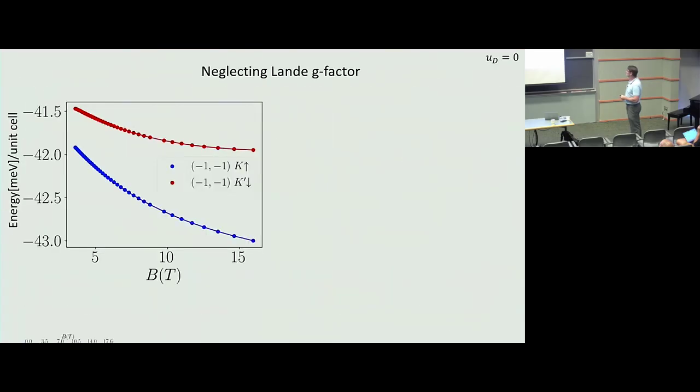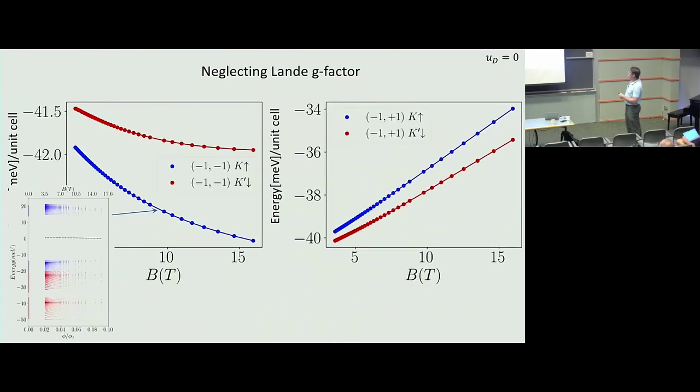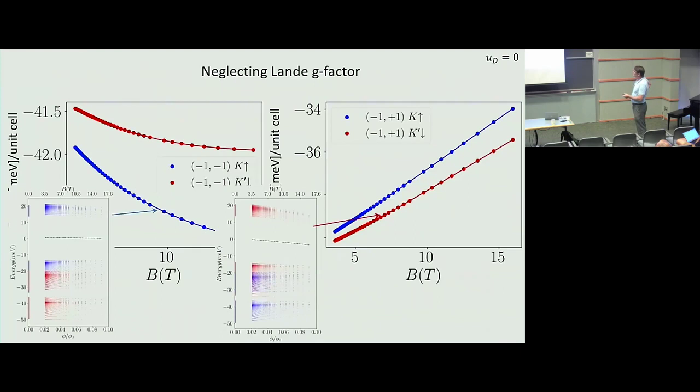Right. So let me start with no g factor whatsoever. In that case, what we find is that the lower energy state at -1 is a state with a large gap. So you polarize your holes into the correct valley with the correct Chern number. But then if you look at -1+1, the lower energy state is also the state with a larger gap.